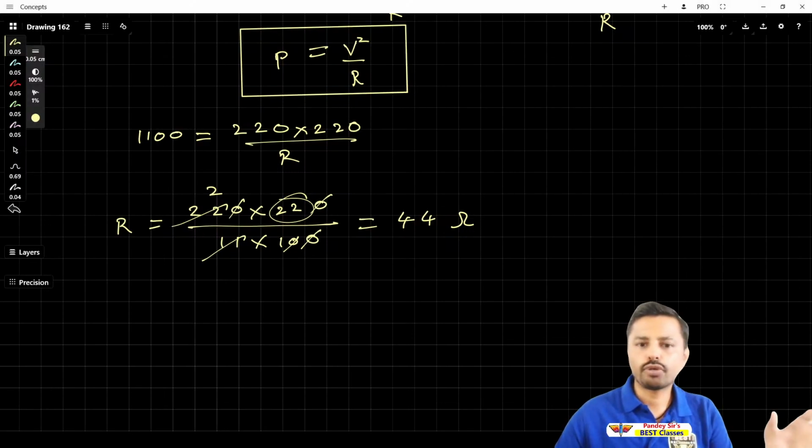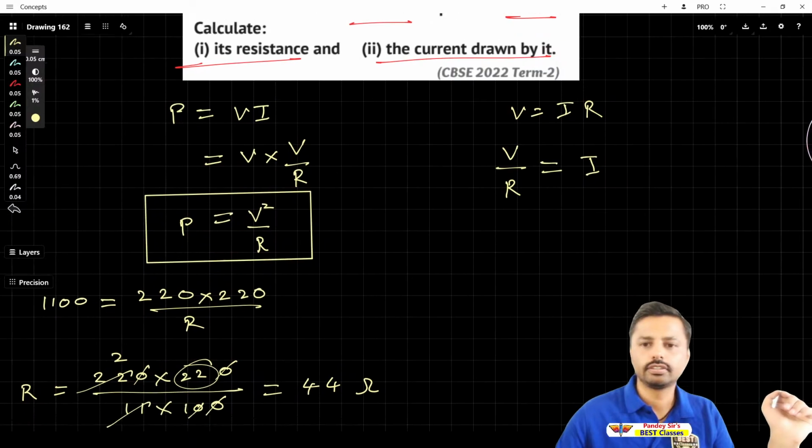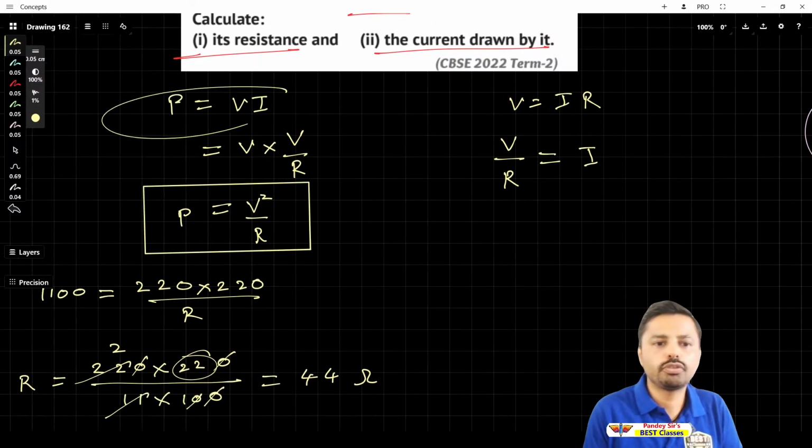Now they told us to find the current. This formula will work for that.